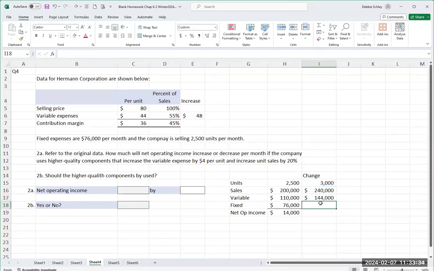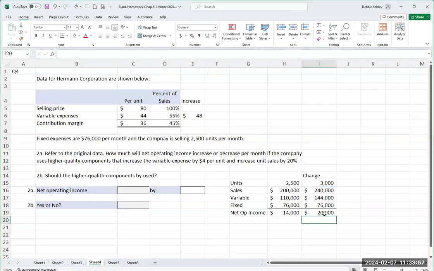And then fixed expenses are fixed this time. We went back to the original numbers, right? Before that advertising scenario. And so then I just take the sales minus the variable minus the fixed equals my net operating income.